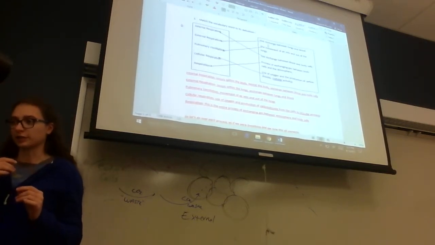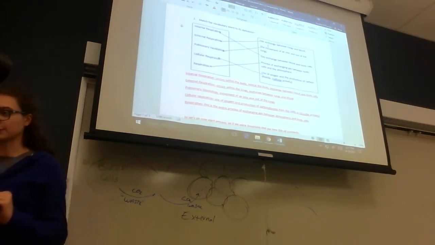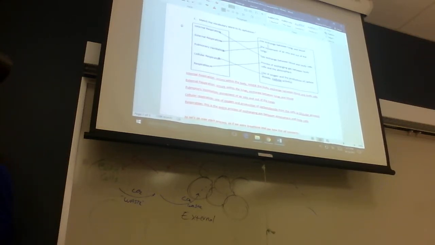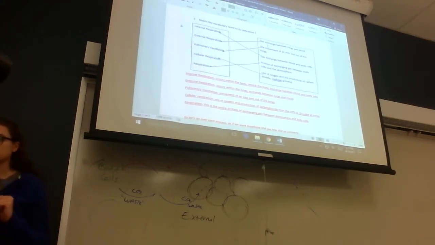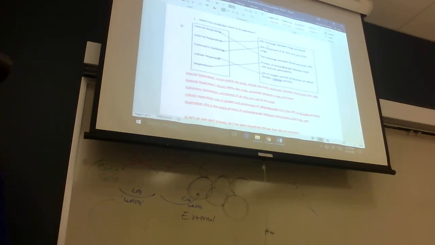Cellular respiration is a cellular process. This has to do with the use of oxygen and the production of carbon dioxide from the cells. So with cellular respiration, you think about your cells breathing, kind of how we need to breathe with oxygen.